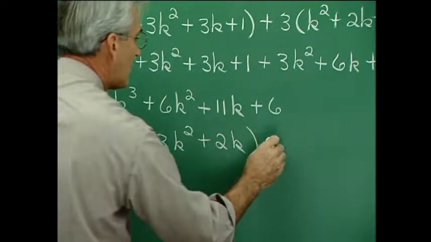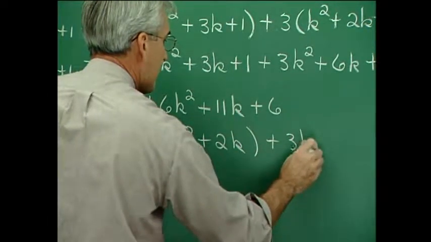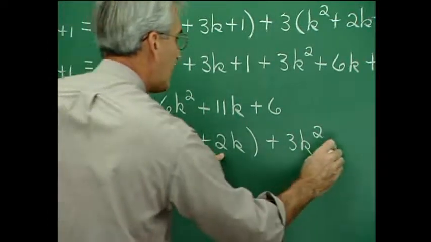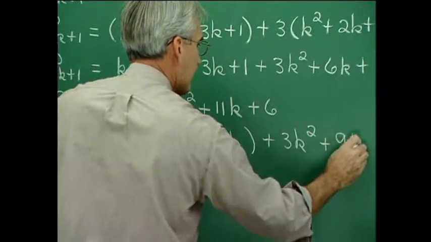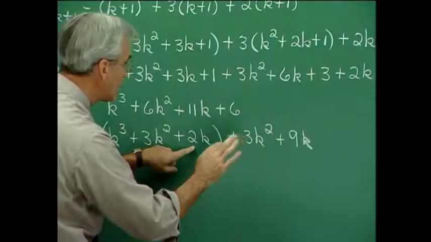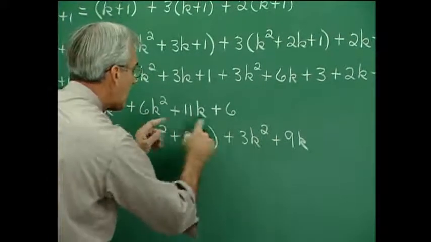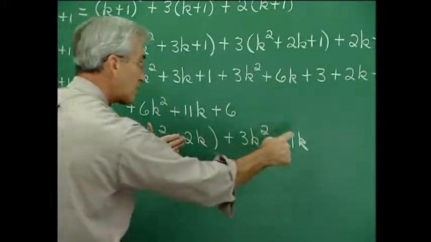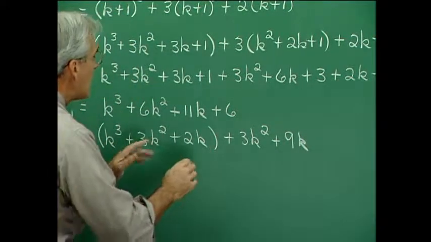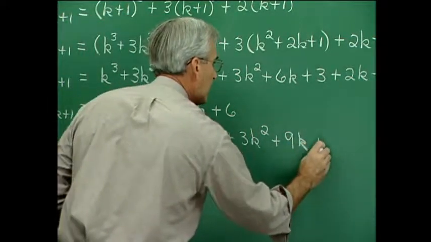What's left? Another 3k squared. I pull 2k out of this 11k and I'm left with a 9k. You see, and then I have, now I'm not factoring here. I'm just separating 11k into 2k plus 9k. You see, it's just a separation of terms here. And then I have a 6 up here, so I need to bring that down.